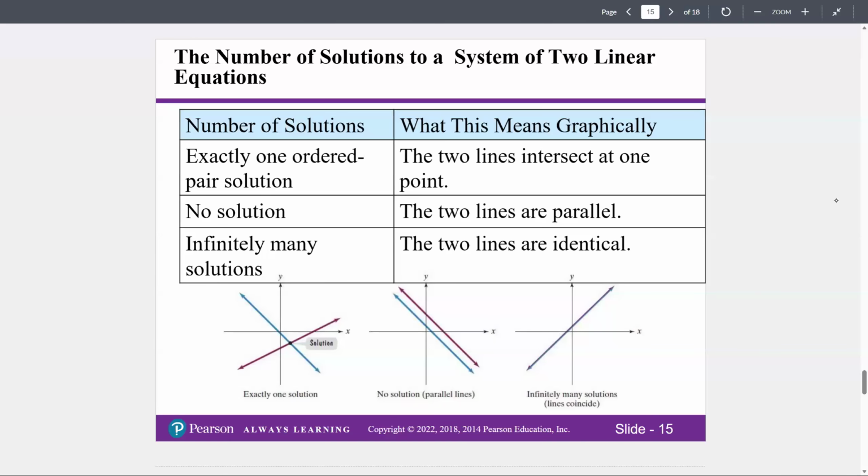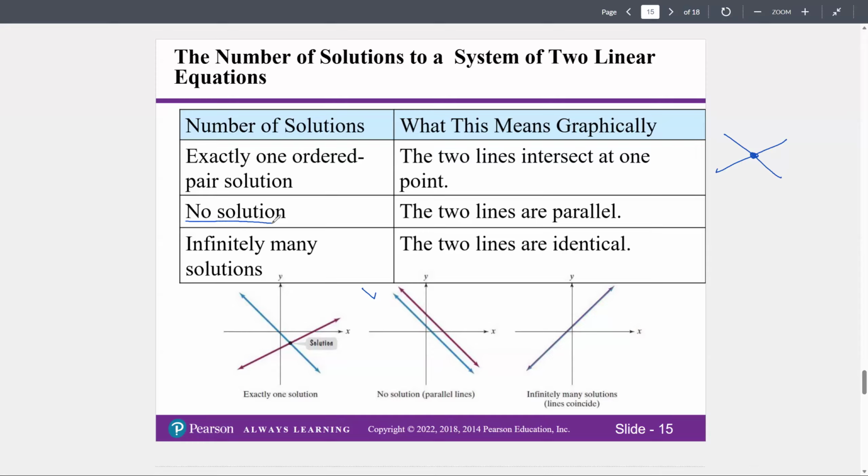Now, as we mentioned before, in the cases we had one solution, that's when you have two lines that intersect. You get a solution. Other things can happen, such as two parallel lines, like you have right here. If you have two parallel lines, they're never going to intersect, and in that case, you're going to have no solution.